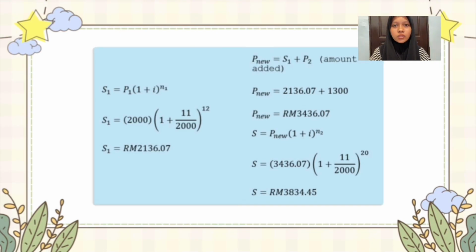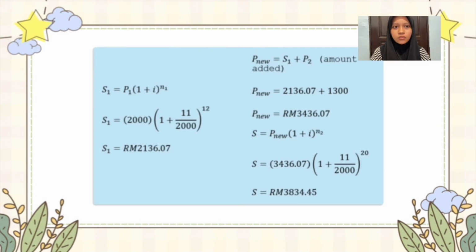After that, we need to find the P new, which means we need to use the formula P new equals S1 plus P2. Next, P new equals 2,136 ringgit and 7 cents plus 1,300 ringgit. Next, P new equals 3,436 ringgit and 7 cents.